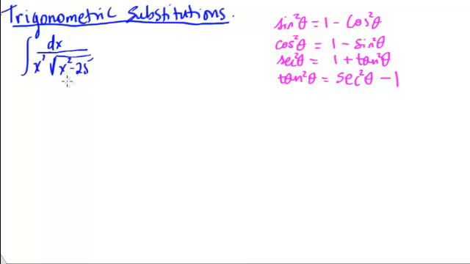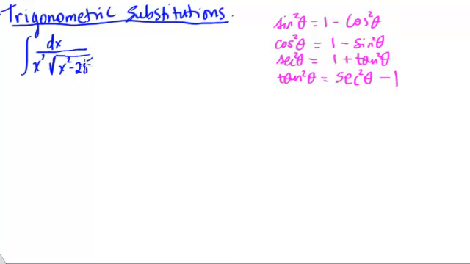Now, to integrate this expression, the first step is to look at the expression under the square root, and we use a trig substitution to simplify this square root so we get an integrable expression.